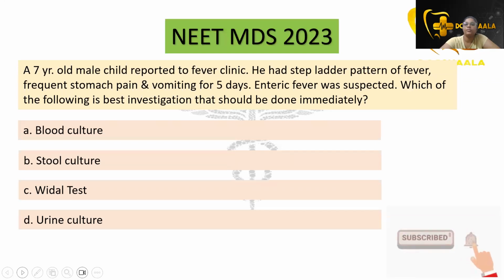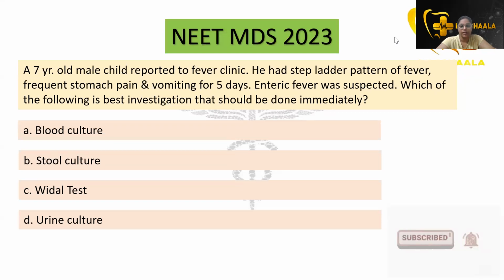Which of the following is the best investigation that should be done immediately? Blood culture, stool culture, Widal test, or urine culture. As you all know, blood culture is the gold standard diagnostic for typhoid, right?